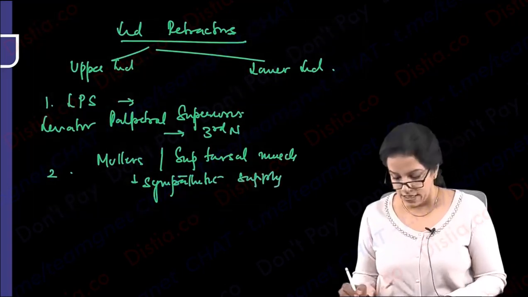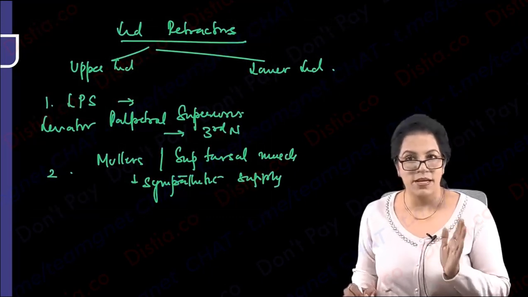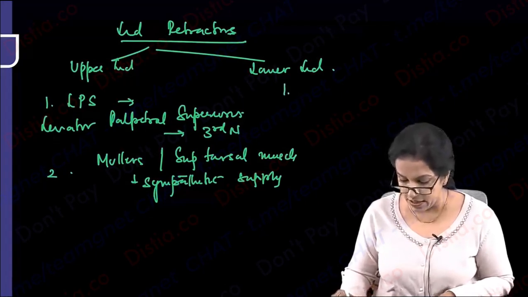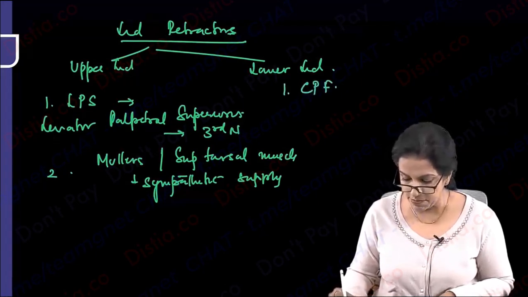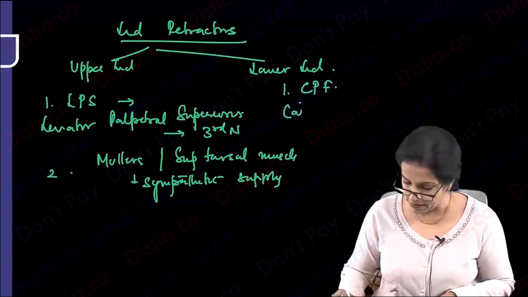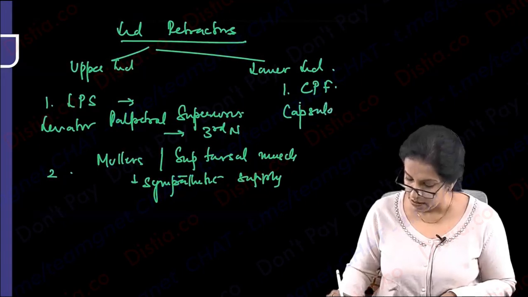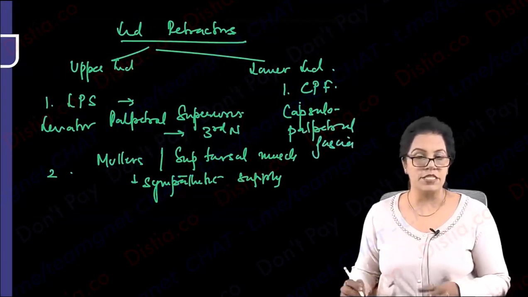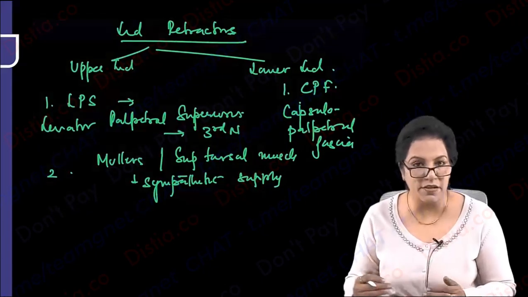Right? So, what about the lower lid retractors? First is your capsulopalpebral fascia, CPF. Note it down. The capsulopalpebral fascia is actually coming from the sheath of the inferior rectus tendon.